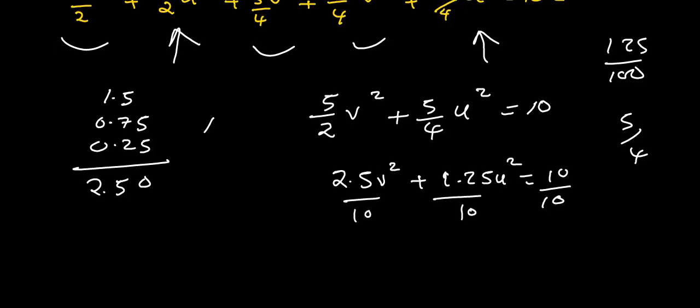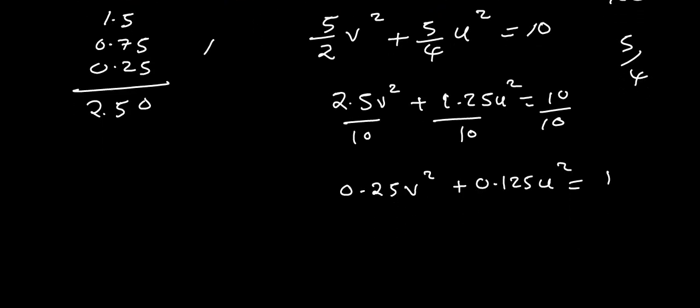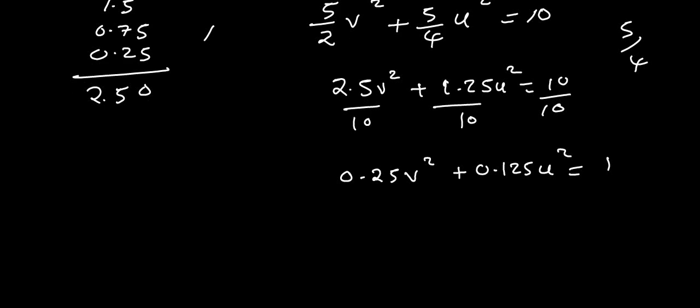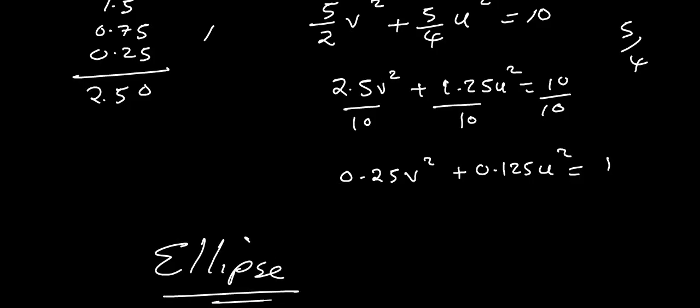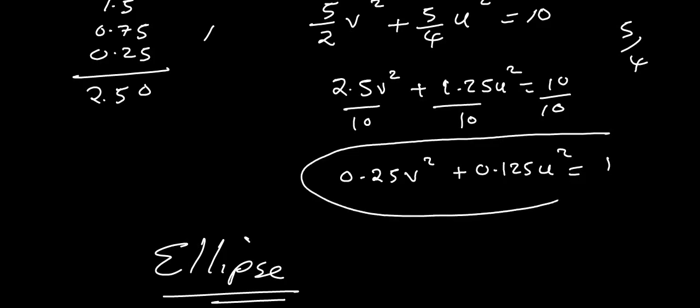This will give me 0.25 v squared plus 0.125 u squared is equal to 1. And here you divide with the reciprocals. So this is going to be an ellipse. Yeah, it's an ellipse. You can check it out, and this is the equation you're going to get.